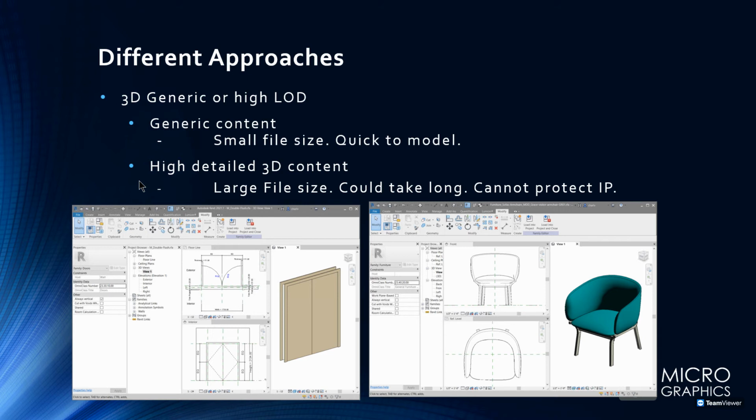Looking at content in those terms, you might have a chair that's very basic up front, but then as you progress into the project, you'll have a nice curvy chair as you see here, to present your model in a high level of detail. All right, so that's two approaches that you can look at with regards to the 3D modeling.